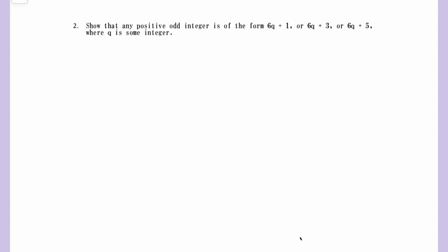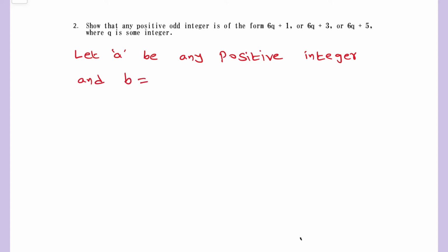So the sentences we need to write for this kind of question are: let a be any positive integer, and b is nothing but the divisor, right? So here the divisor is the digit 6, so b equals 6.